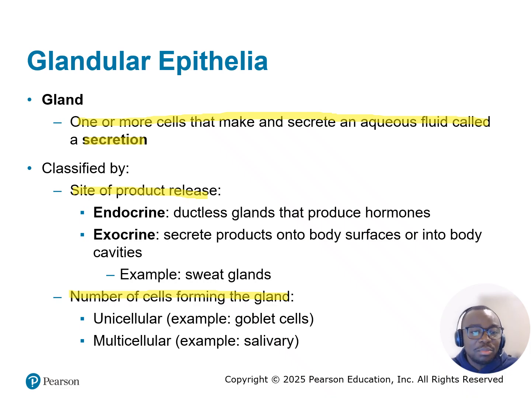In terms of the site of product release, you can have endocrine or ductless glands that produce hormones, and exocrine glands that secrete their products through ducts. In terms of number of cells, you can have unicellular glands or multicellular glands.